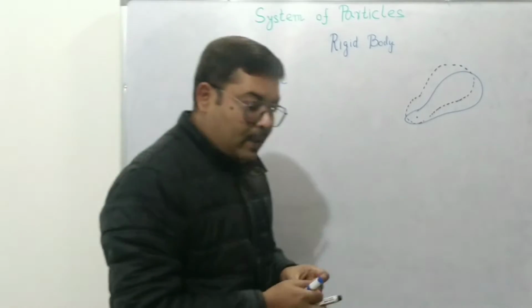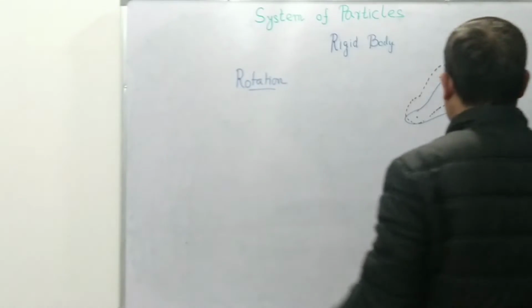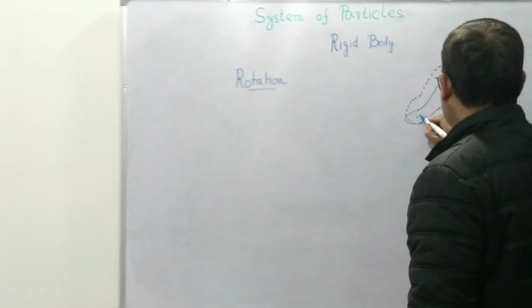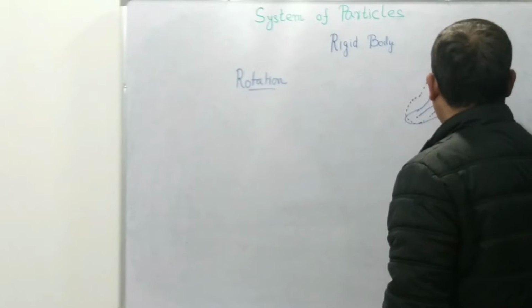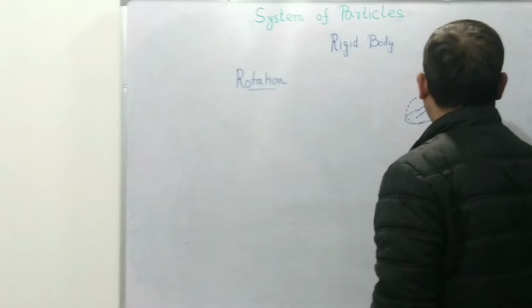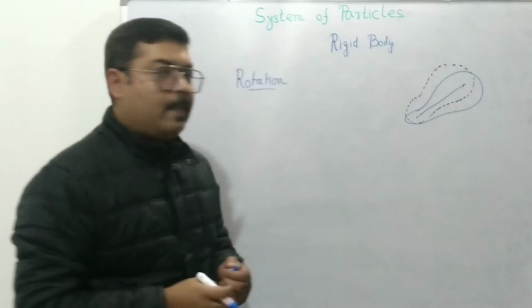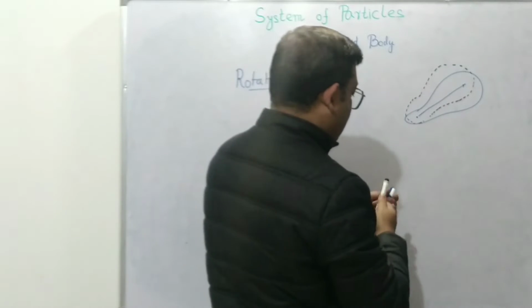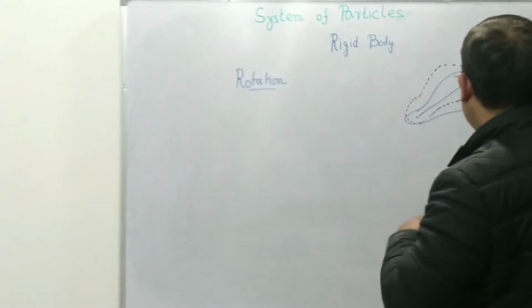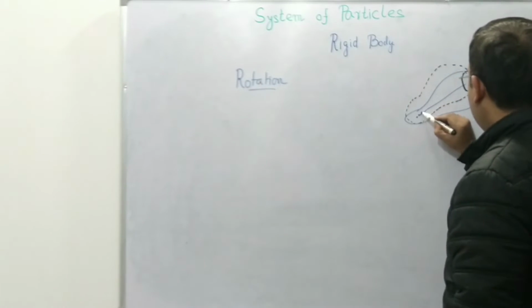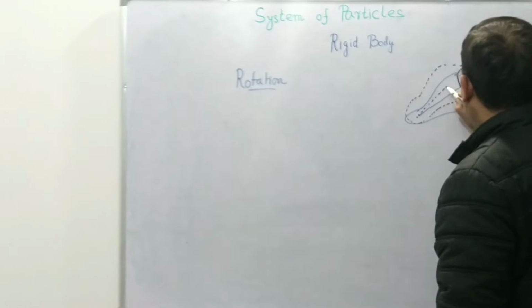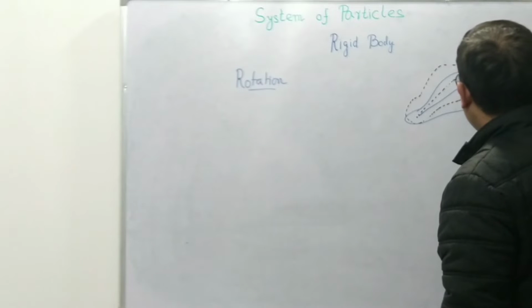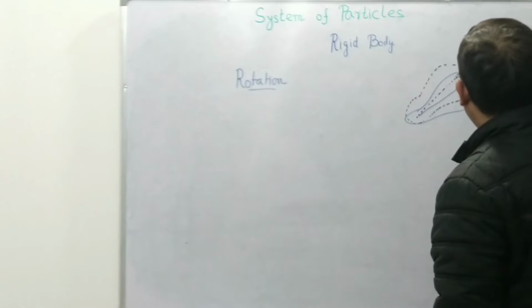Now, let us consider that there was a particle here initially. After the body has rotated from here to the new position, the particle would have also moved from here to a new position here along some arc.